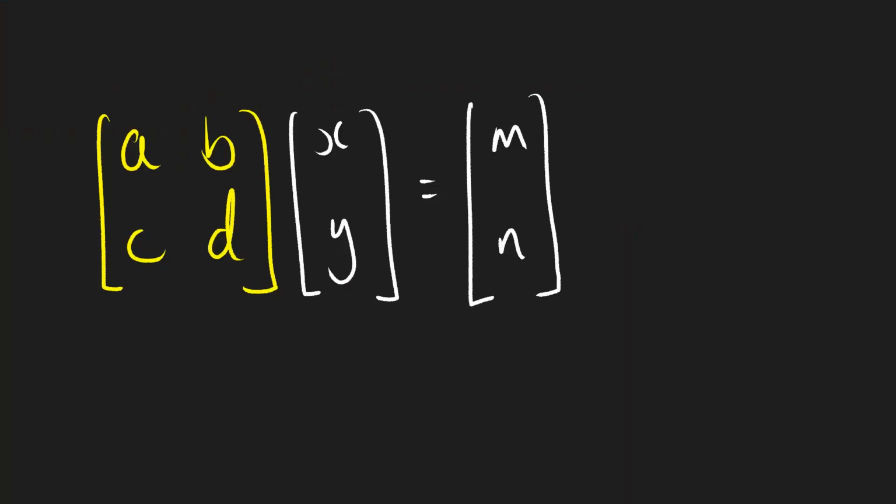So let's have a look at what that looks like in matrix form. We have our generic matrix a, b, c, d, pre-multiplying our vector (x, y), and that'll equal some transformed vector on the right hand side.